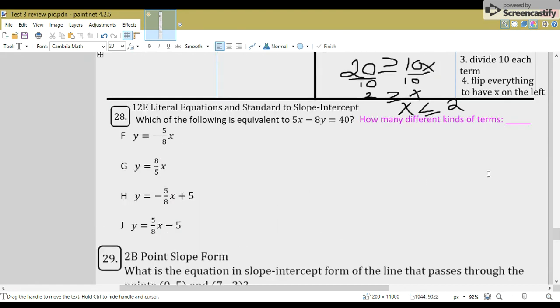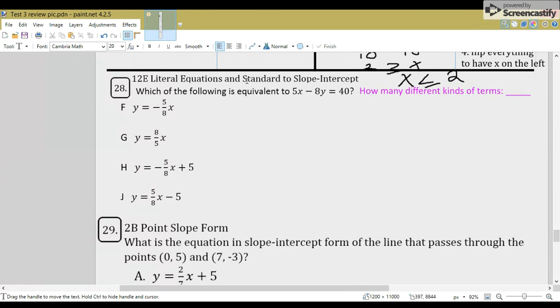Number 28, 12e. Literal equations and standard to slope intercept. Which of the following is equivalent to 5x minus 8y equals 40? Well, first of all, how many different kinds of terms are there here? We have an x term, a y term, and a constant term.